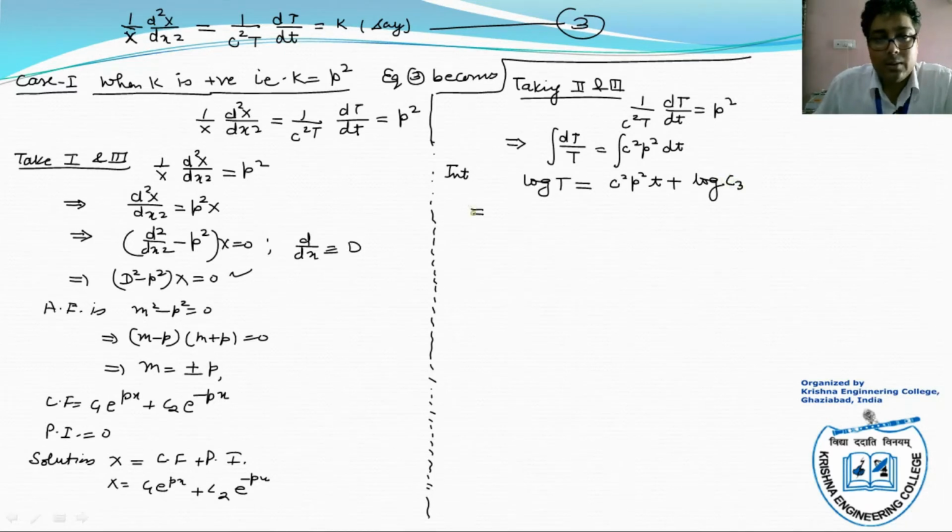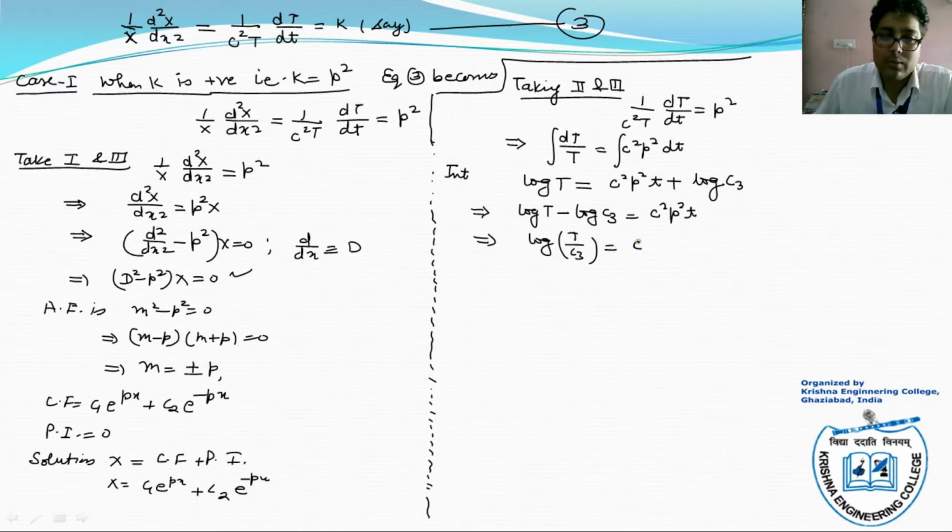Take both log terms to one side. This becomes log t minus log c3 is equal to c square p square t. Clear? By using the property of log, this becomes t upon c3 is equal to c square p square t. Clear?